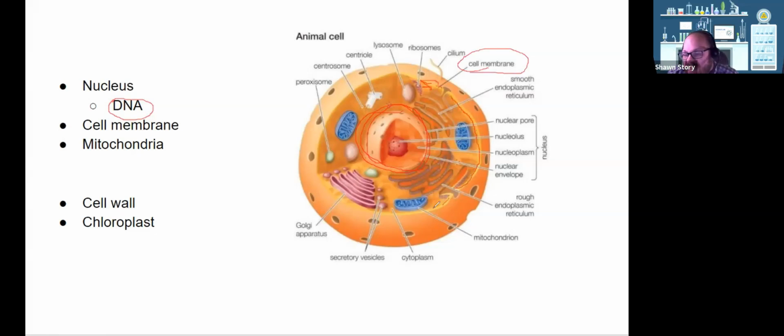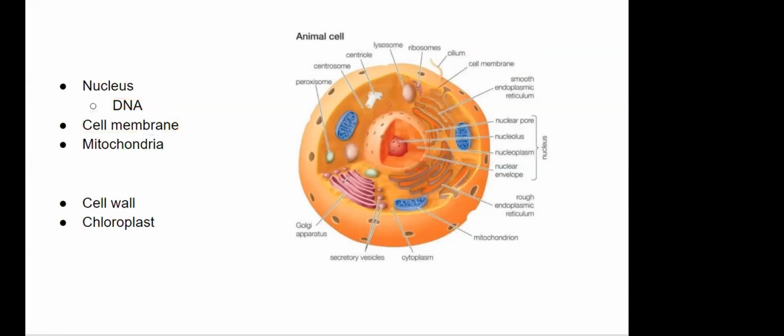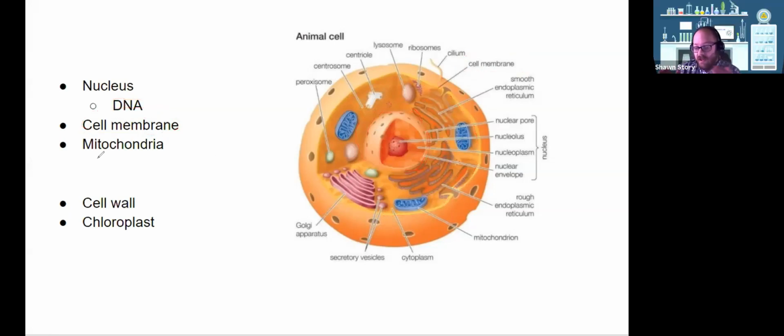It's like the skin of the cell. What do we know about the cell membrane? Do we know anything about the cell membrane? I'm going to guess and say it protects the cell. Yes, it does protect the cell. It's kind of like the barrier of it.